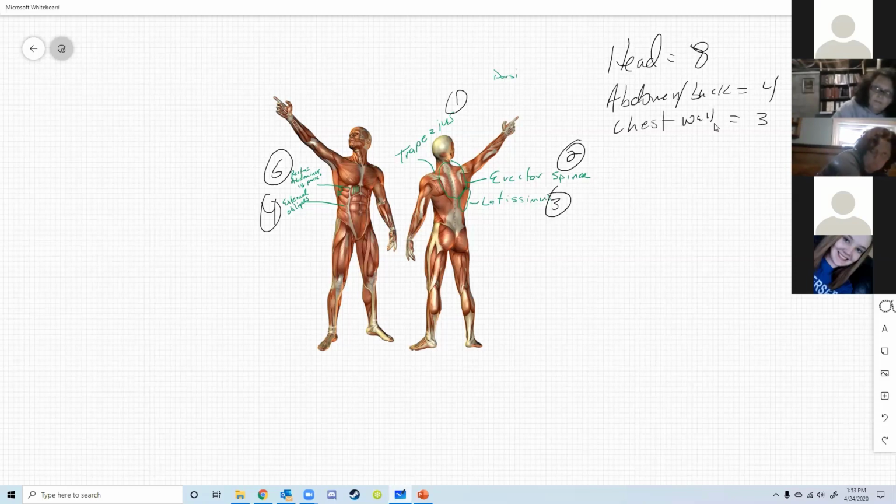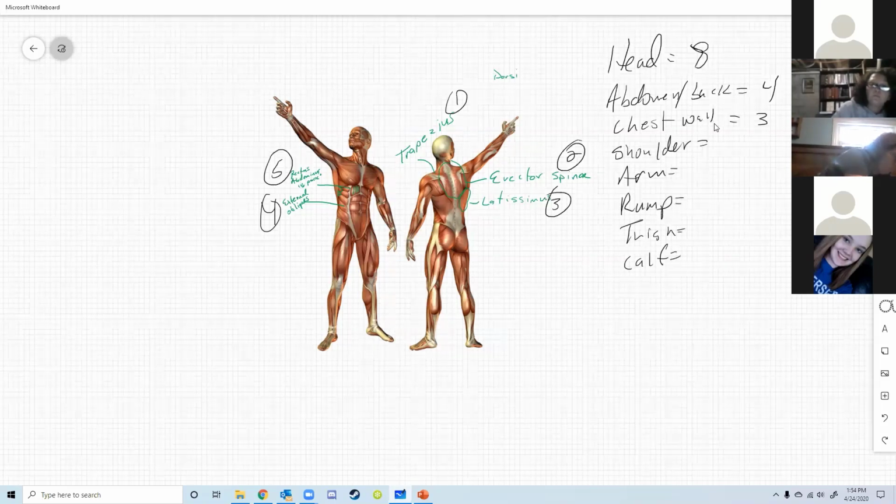That was the diaphragm, internal and external costal. We need to do our shoulder, arm, rump, thigh, to keep track of what we're talking about here.